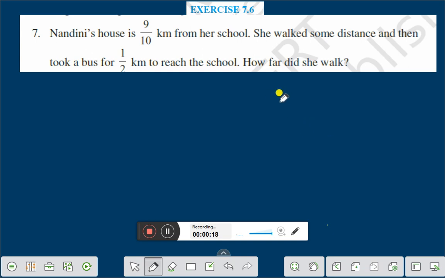Suppose this is Nandini's house and this is the school building.